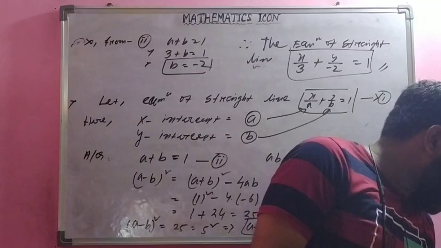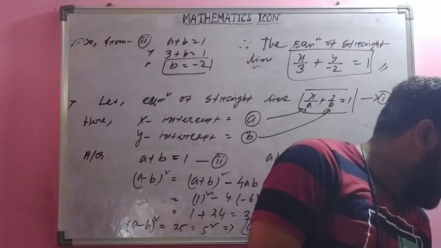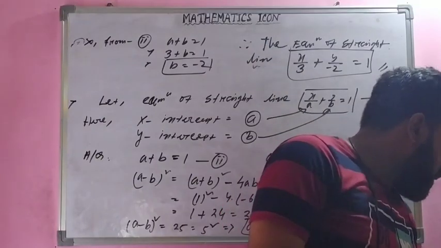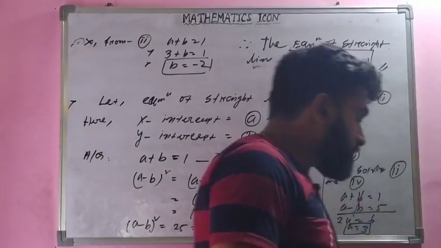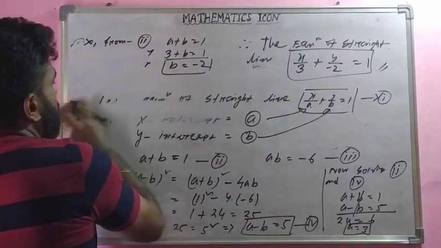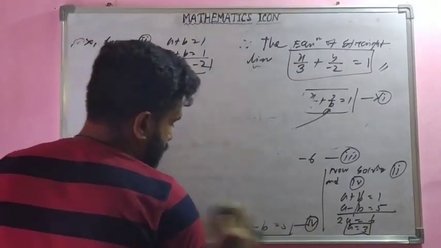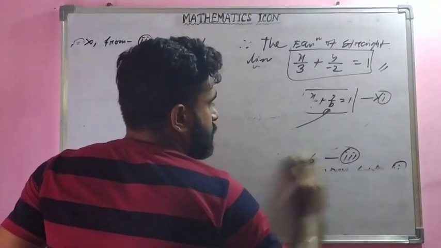Find the equation of the straight line which passes through the origin. Just write the question.